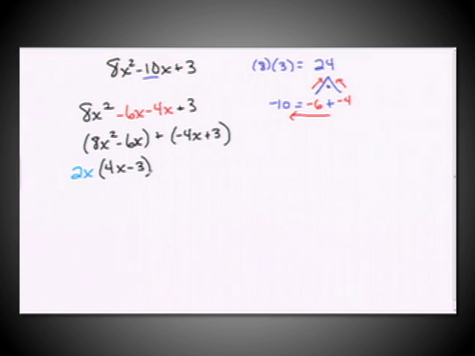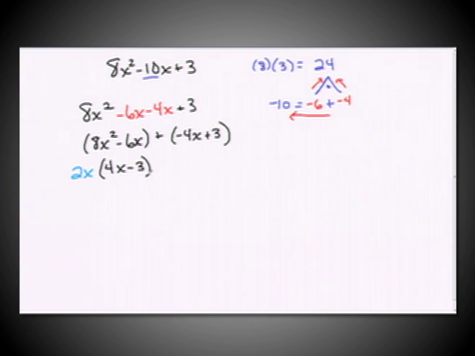Moving on to the second set of parentheses, we have a negative leading term there. Now we've already got the 4x and the 3 that we need to match up our binomial factors, so that we have that common binomial factor of 4x minus 3 in both the first and the second term.